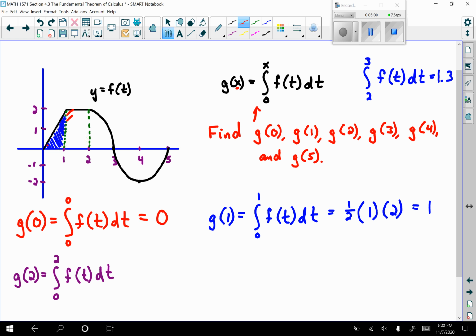So if I just now shade the area between 1 and 2, that's another nice shape, a rectangle. So all I have to really do is add this 1, because that was what was in blue. So I already found the area from 0 to 1. And now I'm going to add the area of the rectangle. So my base is 1, my height is 2, so that's going to be 2. So this will equal 3.